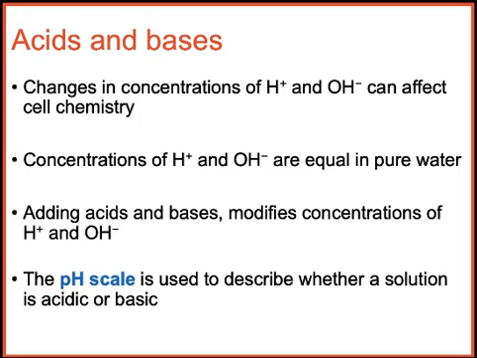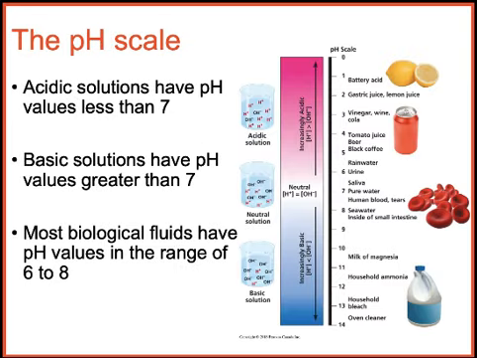And so the pH scale is then used to describe whether a solution is acidic or basic. Acidic solutions have pH values less than 7. Lemon, batteries, tomatoes, right? Something a little oof, like it has a strong taste. Basic solutions have values greater than 7. Bleach, soaps, right? They're very slippery too.